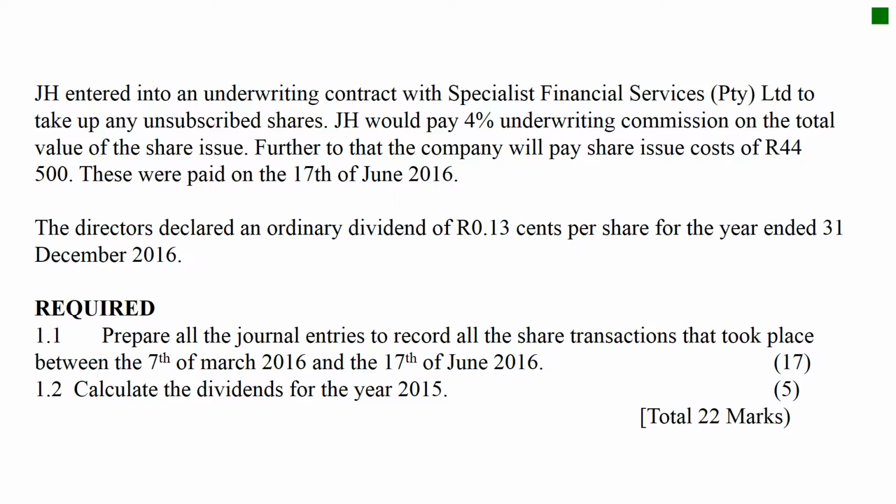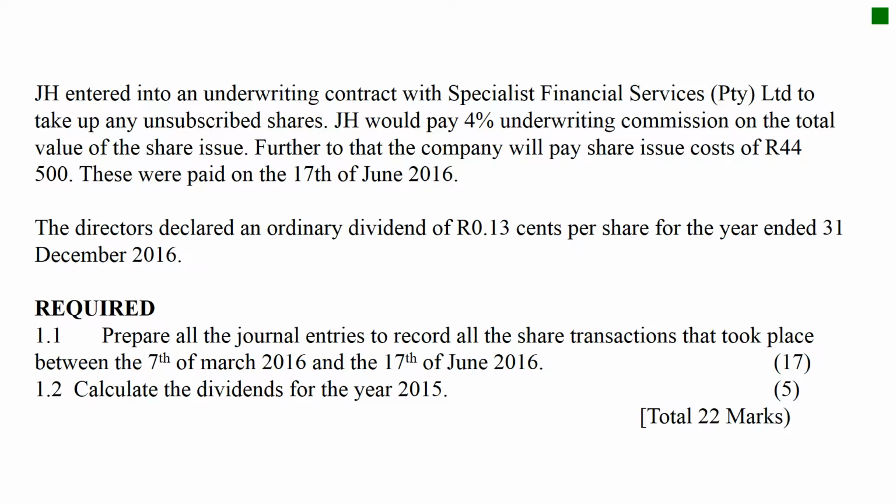Further to that, the company will pay share issue costs of 44,500. These were paid on the 17th of June 2016 by the close of the share offering. The directors declared an ordinary dividend of 13 cents per share for the year ended 31 December 2016.